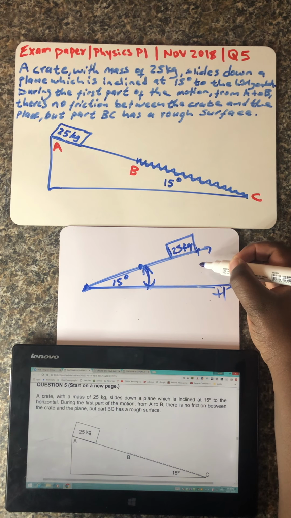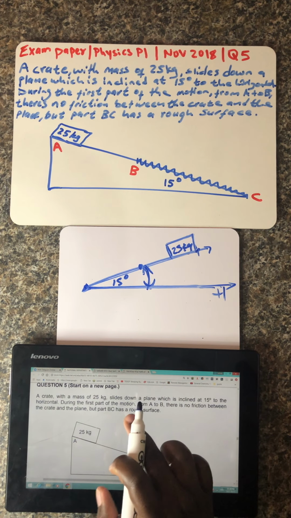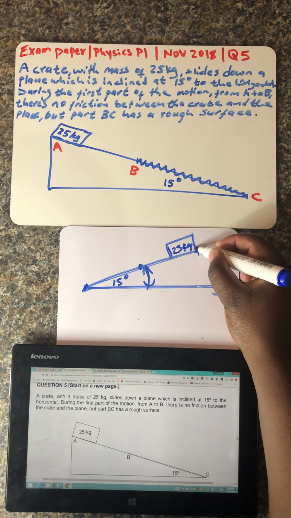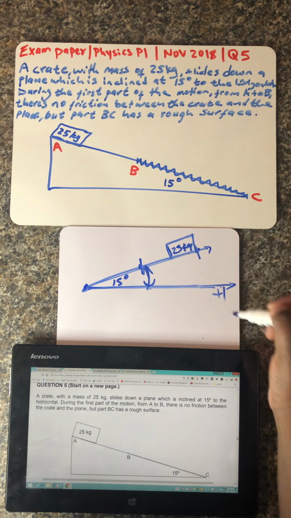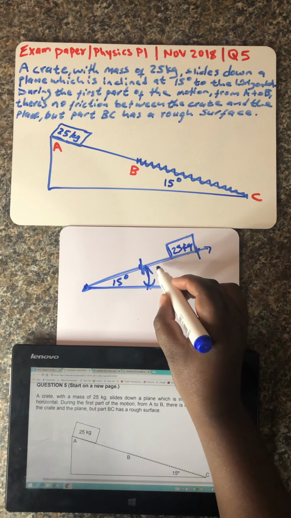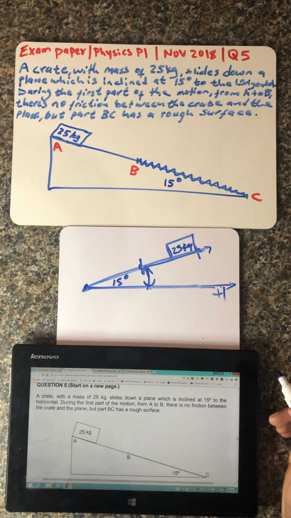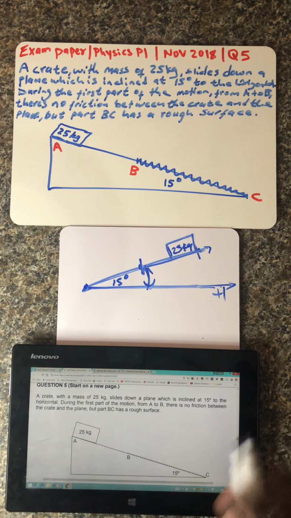So obviously because they said during the first part of the motion, so that means from there up to there, because it's the first part of the motion, it's a smooth surface. There's no frictional force, there's no force of friction.